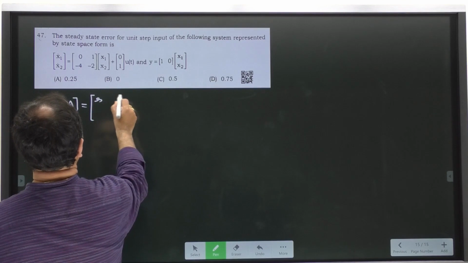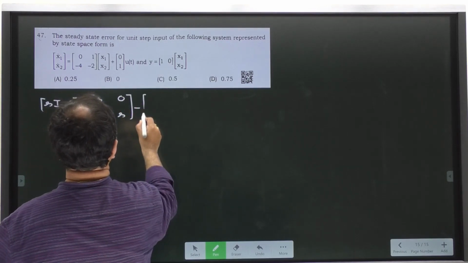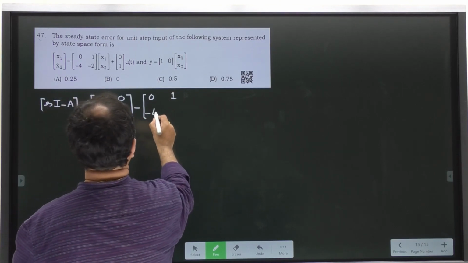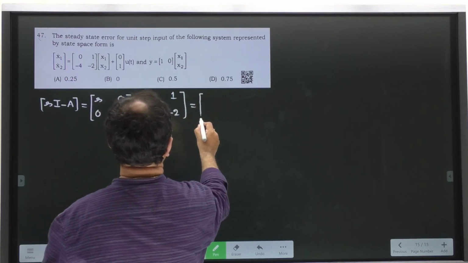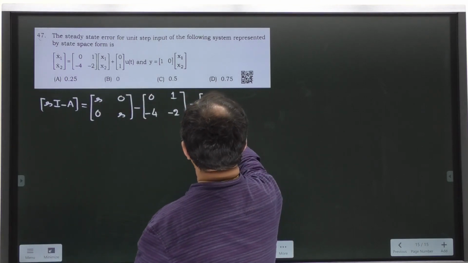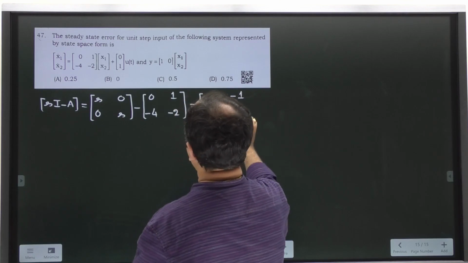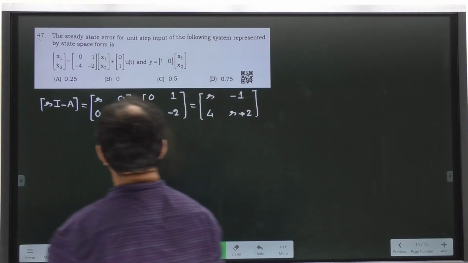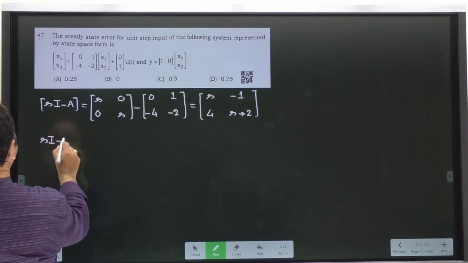S 0 0 S minus 0 1 minus 4 minus 2. This will give you S, minus 1, 4, S plus 2.